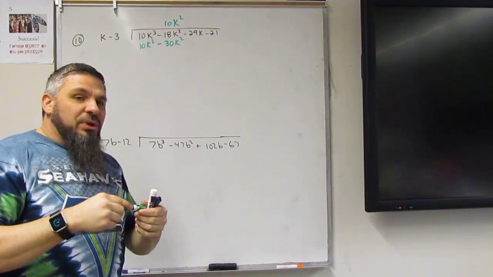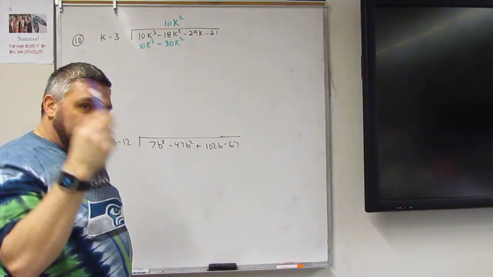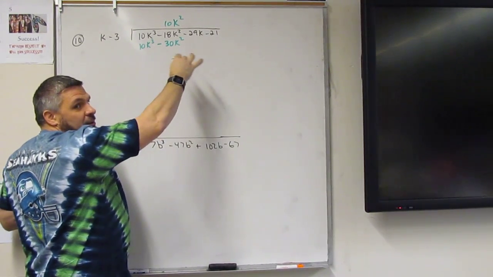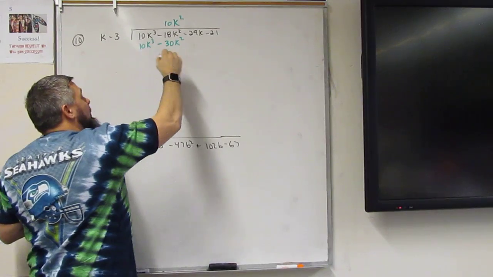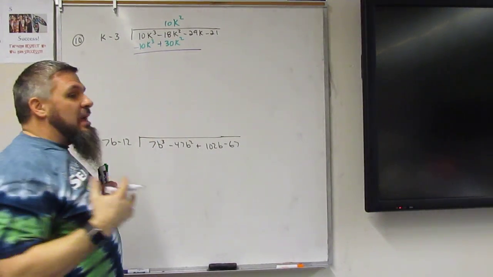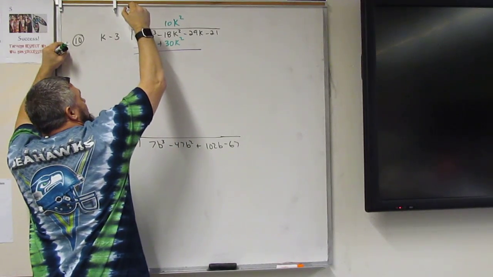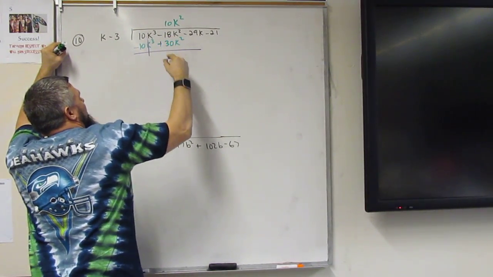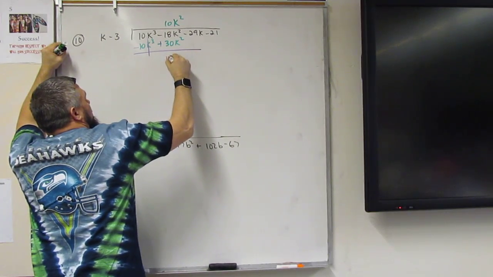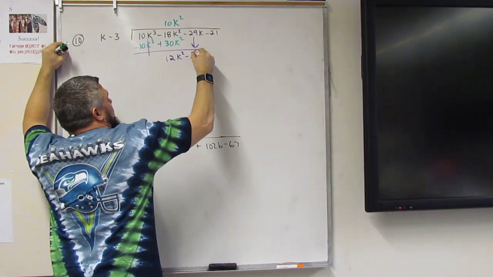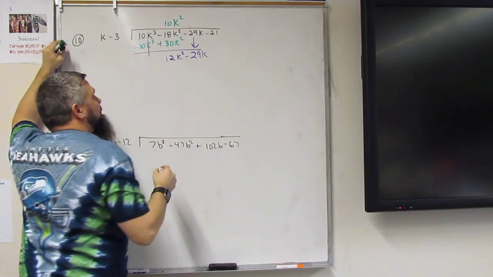And then what's our key thing here? Yeah, that's huge. Okay, now these cancel. This becomes 12k squared. This comes down and minus 29k.